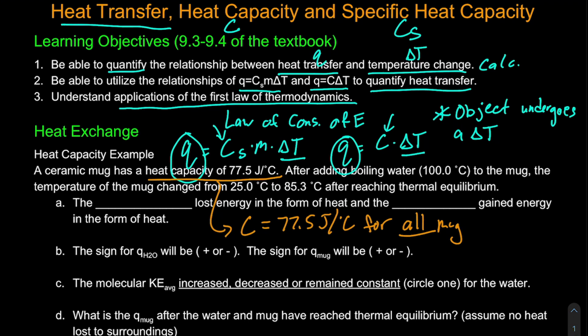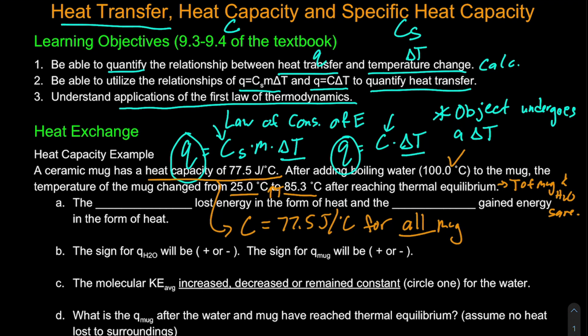Then we add boiling water, 100 degrees Celsius, to the mug, and the temperature of that mug changed from 25 degrees Celsius to 85.3 degrees Celsius. So we have an increase in temperature here, and it reached thermal equilibrium, where the temperature of the mug and the water are the same.